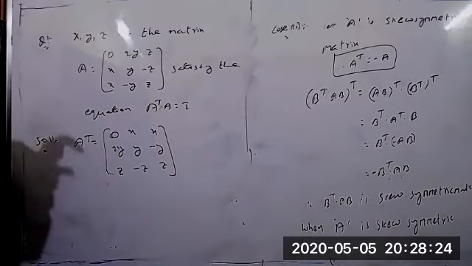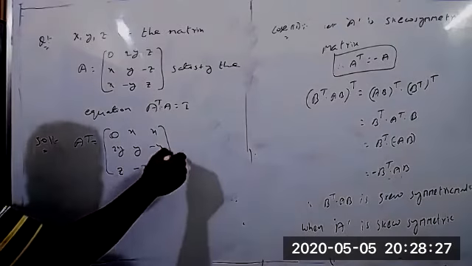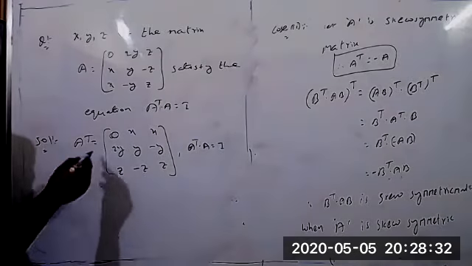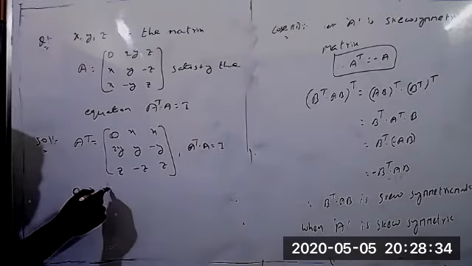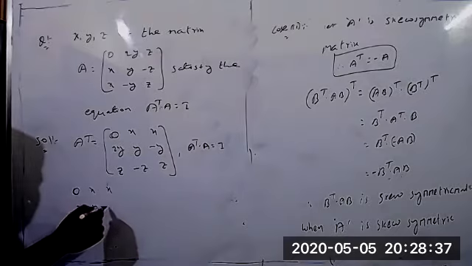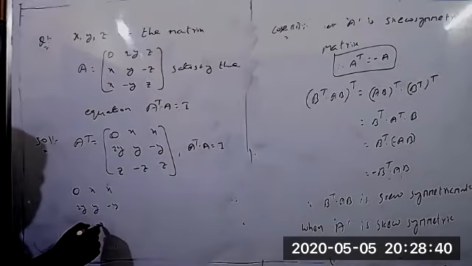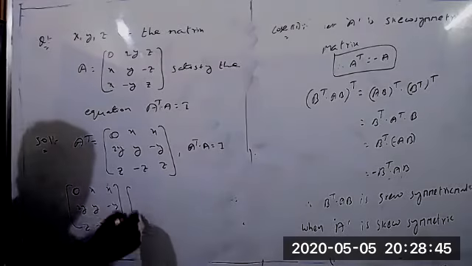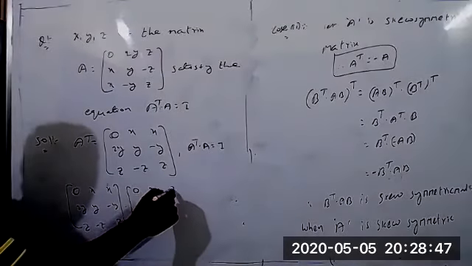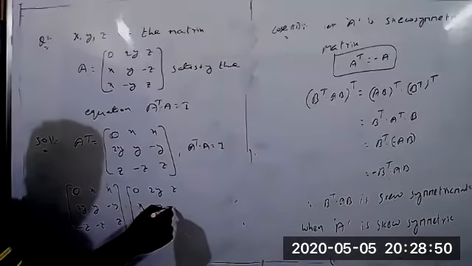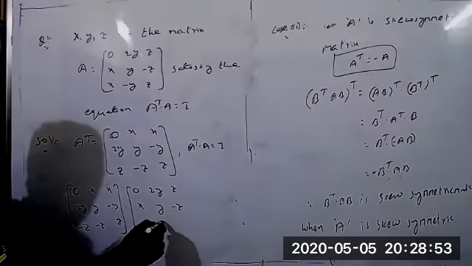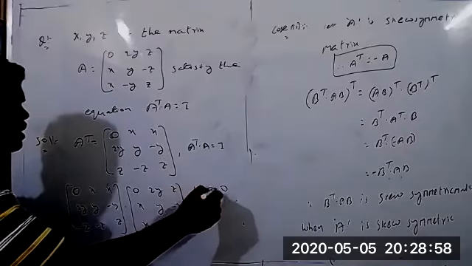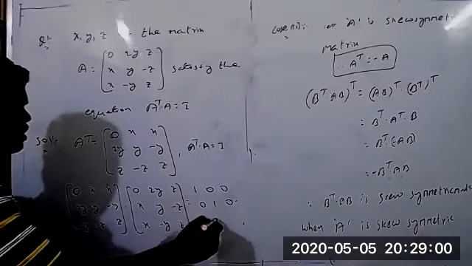A transpose into A equal to I. Here you can write A transpose into A equal to I. A transpose equal to 0, x, x; 2y, y, minus y; z, minus z, z. This is the A transpose into the matrix A equal to 0, 2y, z; x, y, minus z; x, minus y, z. This is equal to I, which you can write as 1 0 0; 0 1 0; 0 0 1.